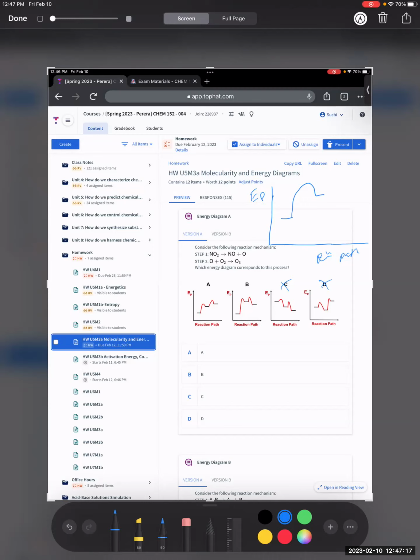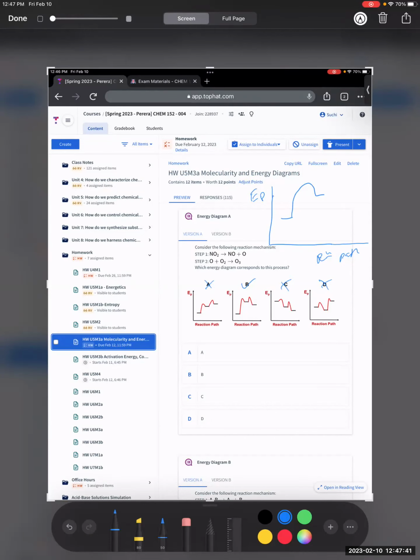So we are forming bonds. If you are forming bonds, it needs to be an exothermic step, right? And then we see that between A and B, the second step is exothermic only in option B. Therefore, option B should be our correct answer, not option A.